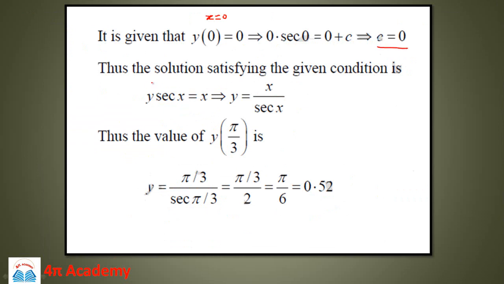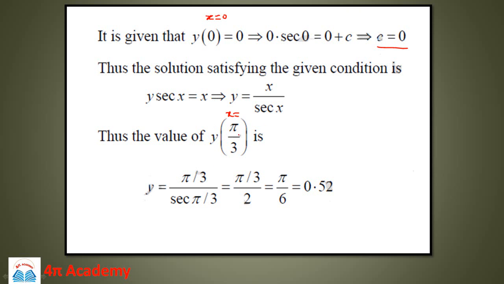So now the solution will be y sec x is equal to x, because c is 0. So it implies that y is equal to x upon sec of x. Now we have to find the value of y of pi by 3, that is, the value of y when x is equal to pi by 3.